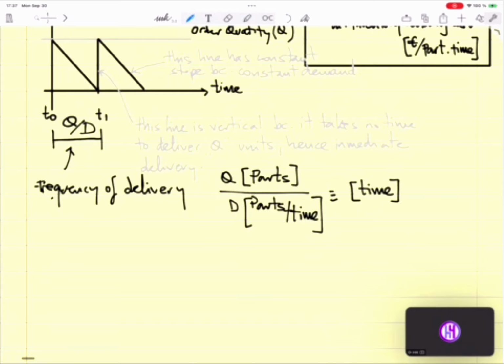What we're looking for with the economic order quantity is to get the best order quantity to reduce our cost. So we need to define a cost function.